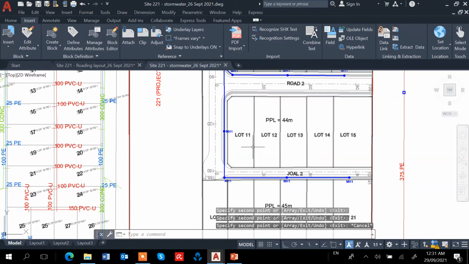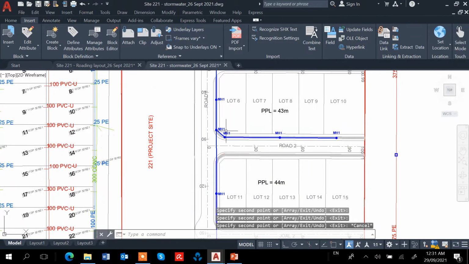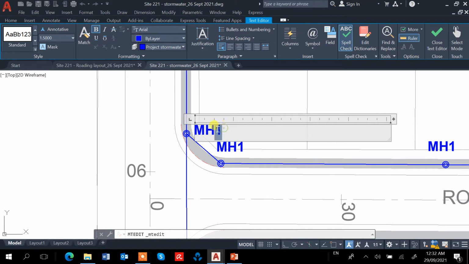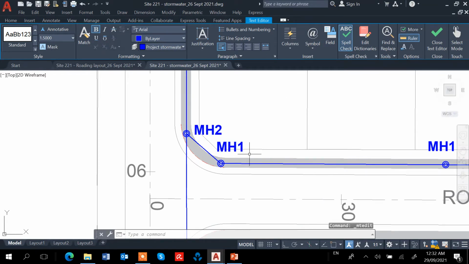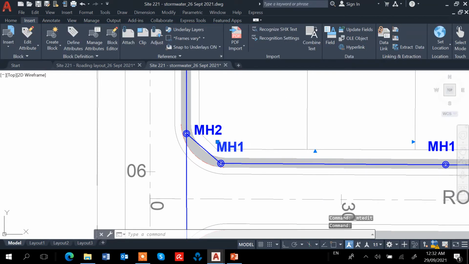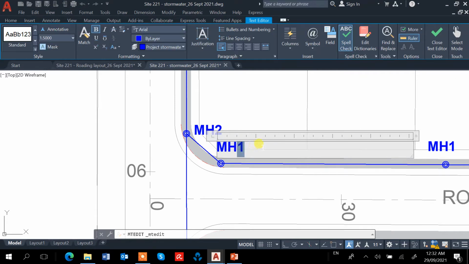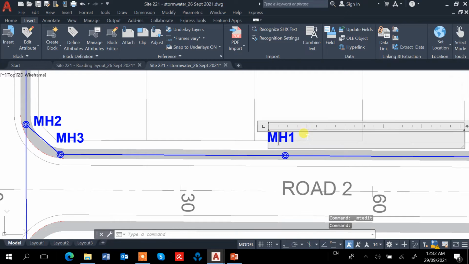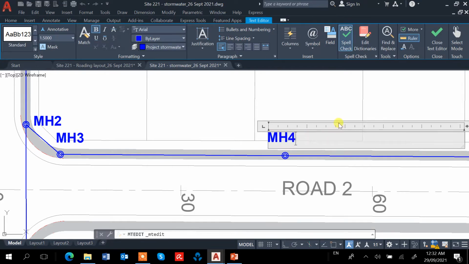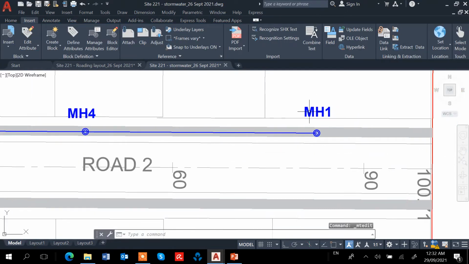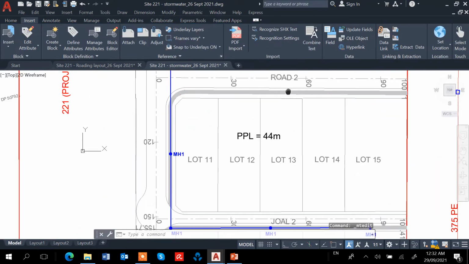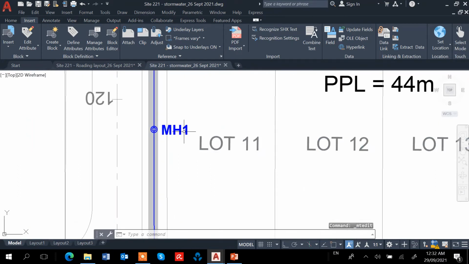Starting from this one, let's say 1, and then I change this to 2, this one 3, 4, 5, 6.